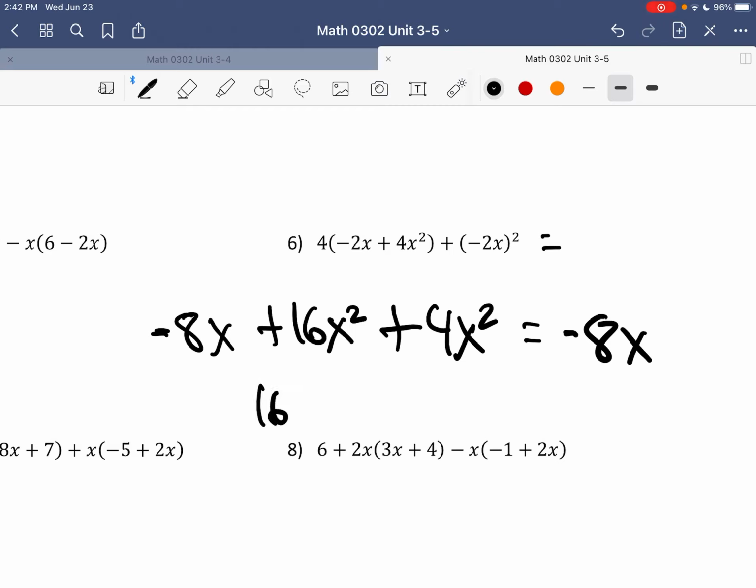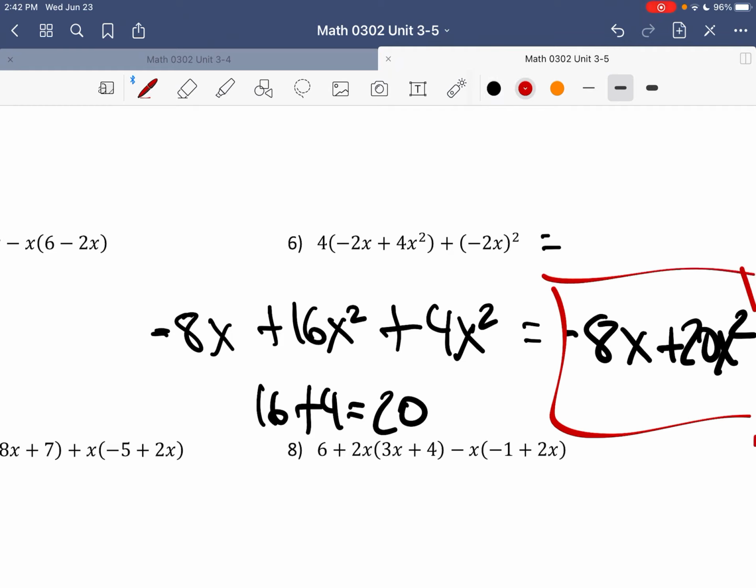So 16 plus 4 is going to be 20. So that's going to be over here as part of the answer, plus 20x squared. Okay, and I'll go ahead and box in the answer. So the result of simplifying the expression in 6 is going to be minus 8x plus 20x squared.